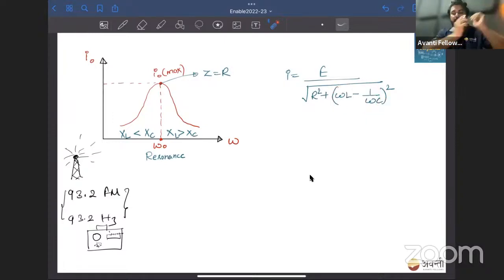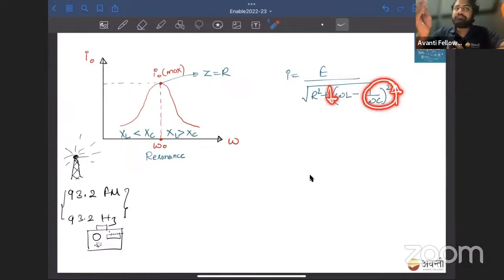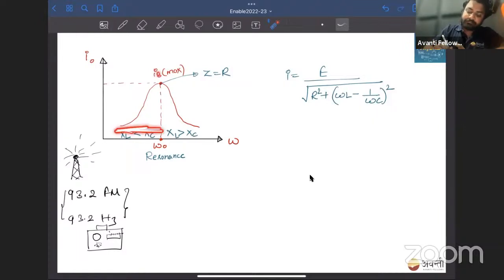But if you decrease the frequency, the frequency in the denominator will decrease, so XC will increase and XL will decrease. Who is dominating when frequency is less than resonant frequency, in this area? Capacitor. That's why I've written XC is greater than XL.